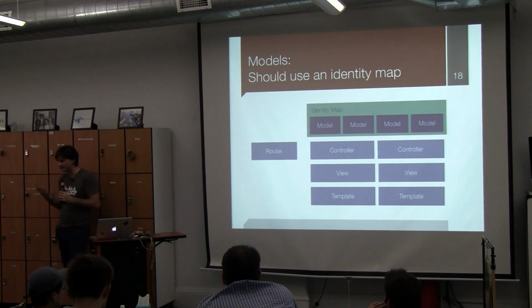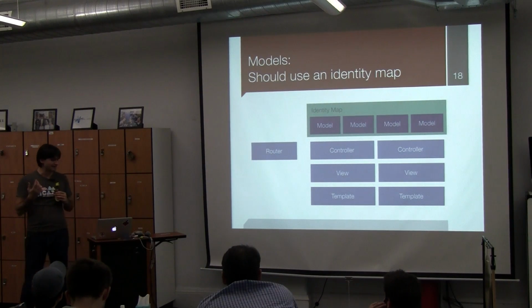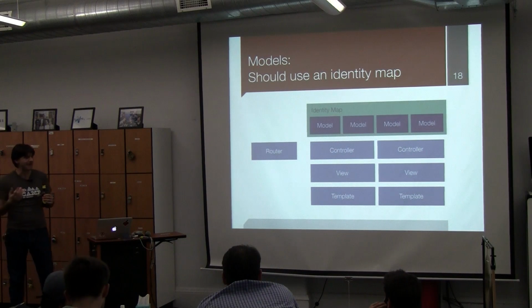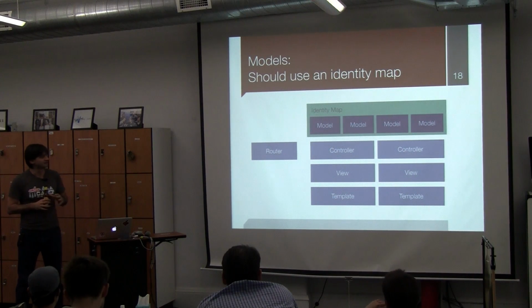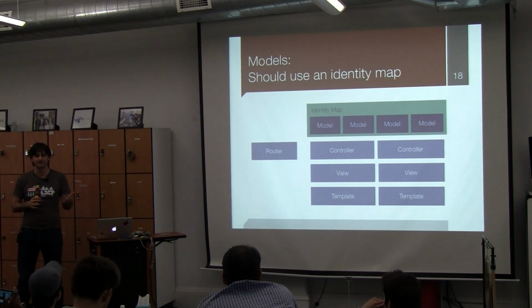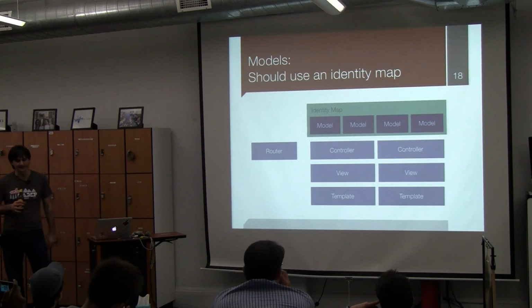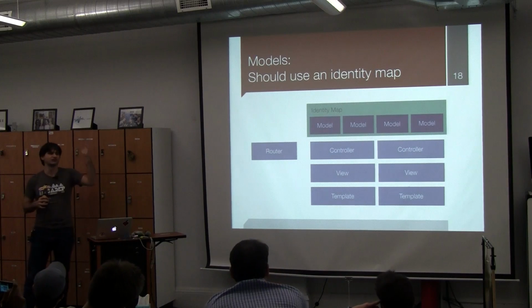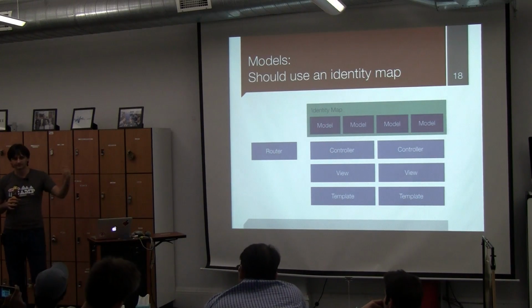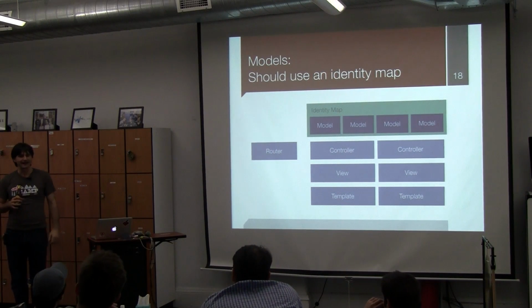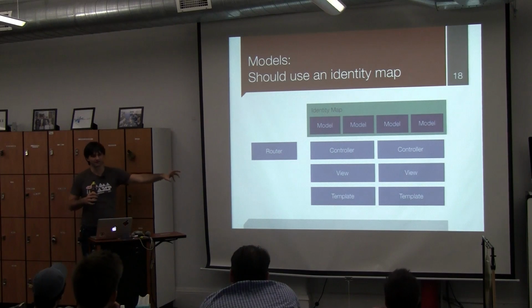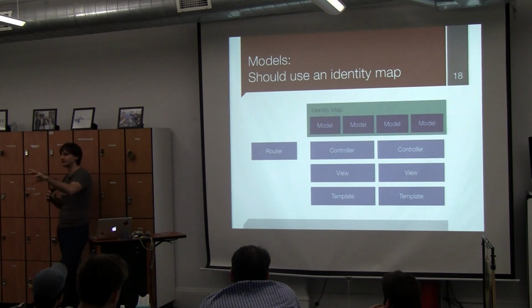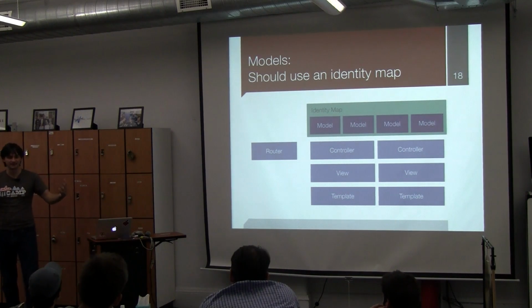So something that you may not be familiar with is the concept of an identity map. And when you're doing client-side development, an identity map becomes really, really important. What it says is that if I ask for person ID 5, as an example, over here in one part of my app, and then I ask for it over here in another part, I'm going to get the same instance.